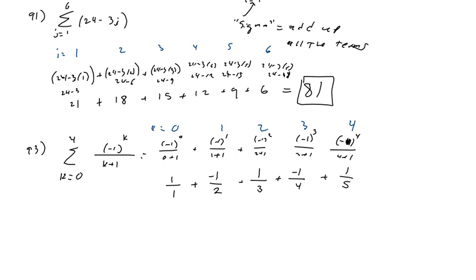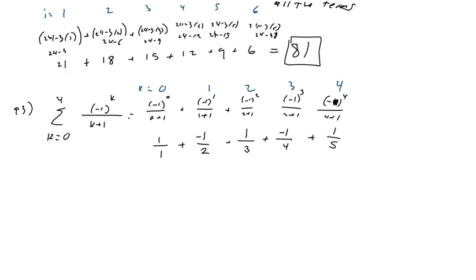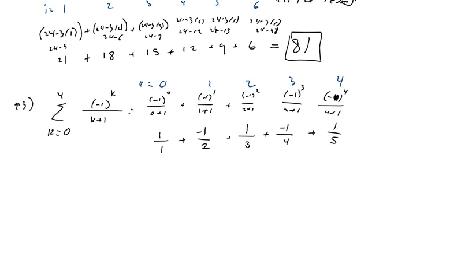So add up these together. You can use a calculator. So this is going to be 1 minus a half plus a third minus a fourth plus a fifth. Yeah? 1 minus a half, so that's a half, plus 1/3. I can make a common denominator of 6.